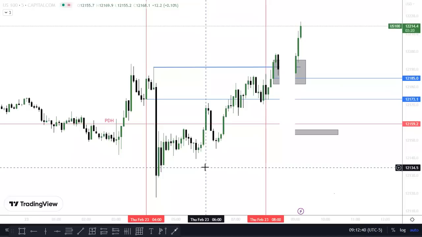How many people know the macro information? The macro information, that's a broad statement. Yeah, ICT mentioned quite a lot of macro information lately. Quite a lot of them.